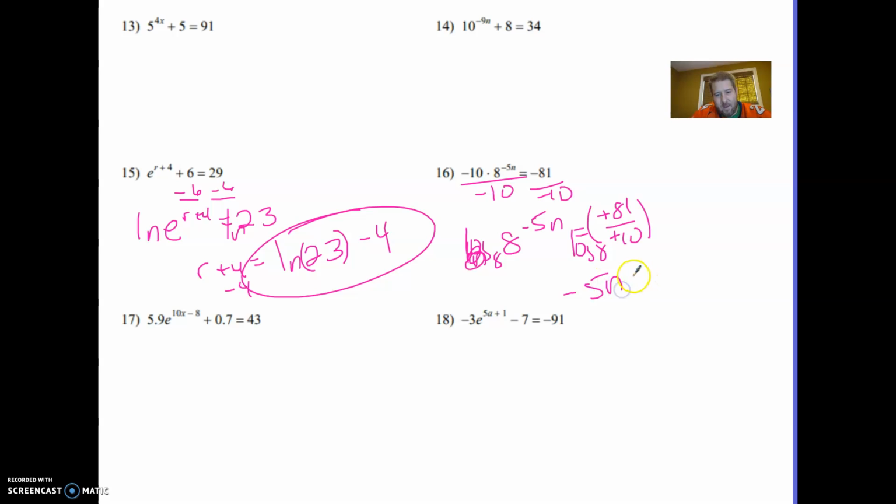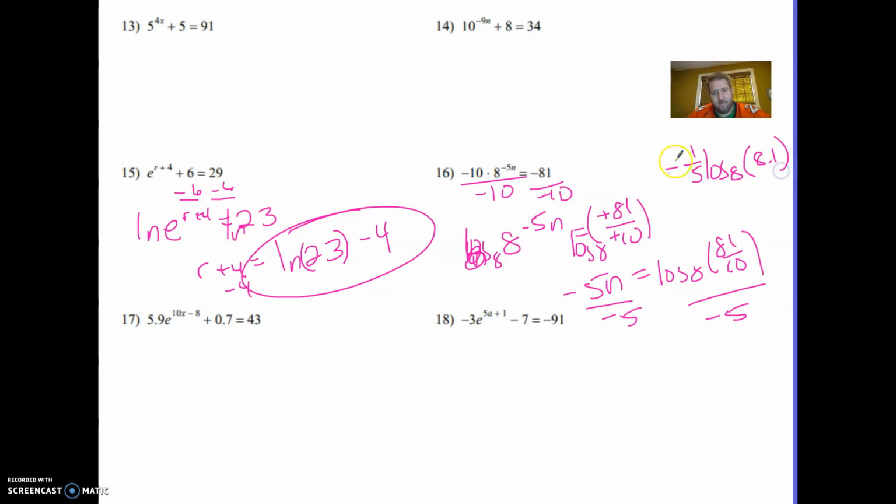That gives me negative 5n equals log base 8 of 81 tenths, or 8.1 technically. Then divide both sides by negative 5, which is the same as multiplying by negative 1/5. So I get negative 1/5 times log base 8 of 8.1, a very precise answer which you can then put into a graphing calculator.